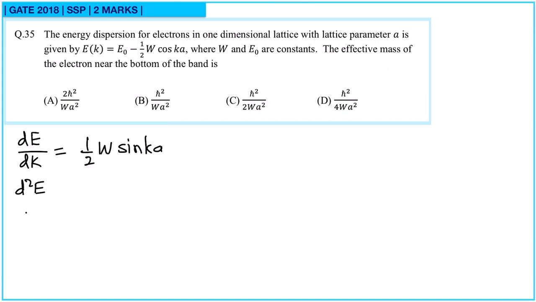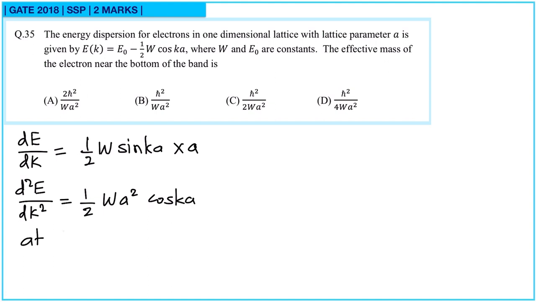Take the double derivative, d2E by dk square, that will be equal to half omega into, we have A as well, we are taking with respect to K, so into A. So this will be A into A square into cos Ka.